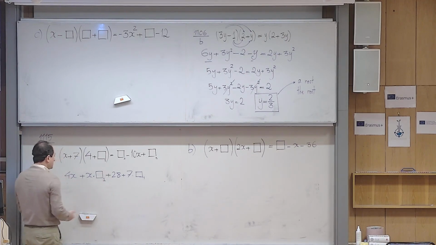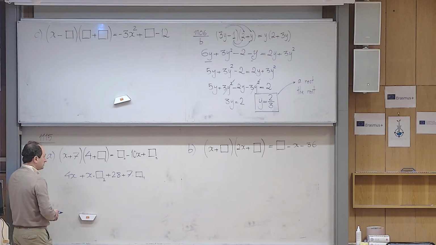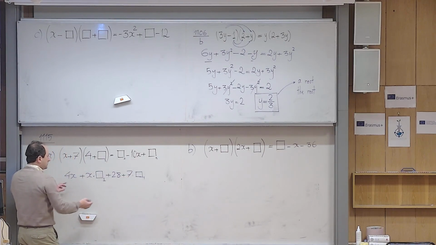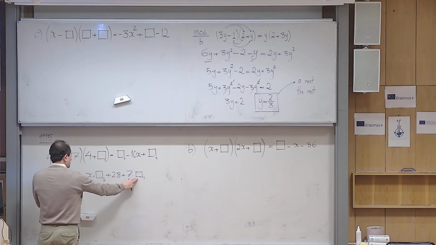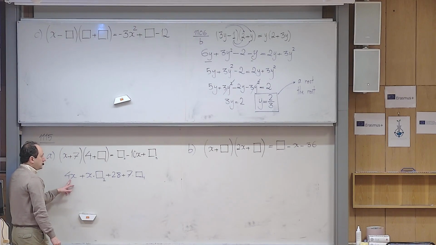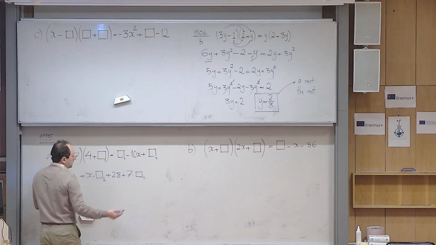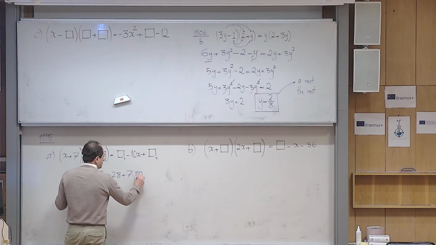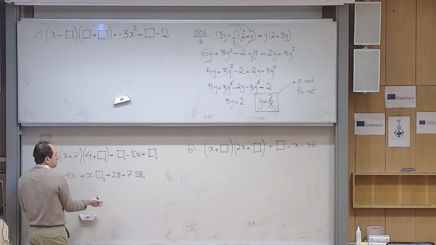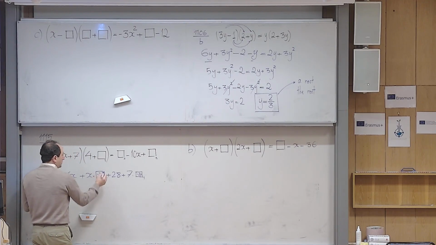So if I want to have x, what should I do? This minus 10x, you might ask yourself, might be that this will fix me minus 10x. If I want to have it minus 10x, what should I put here? Minus 2x. Minus 2x. But as soon as I put minus 2x here, what should I put here? Minus 2x again. Do you think it will work?